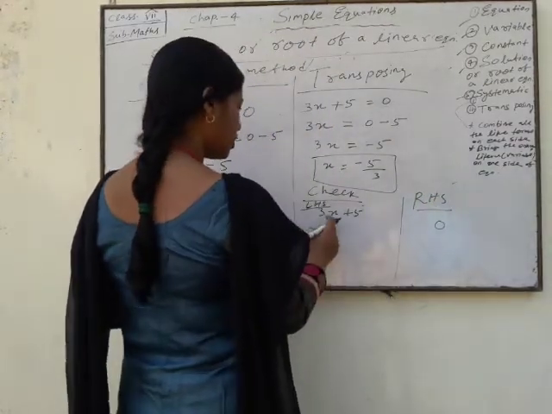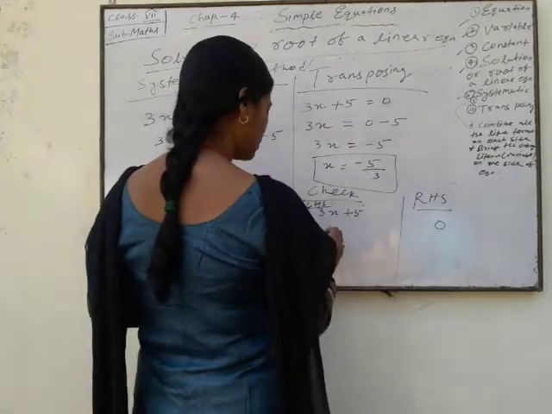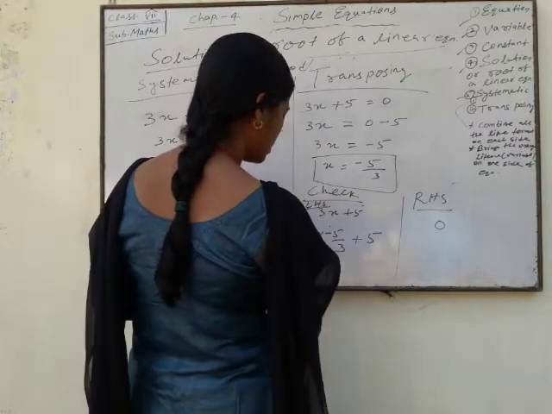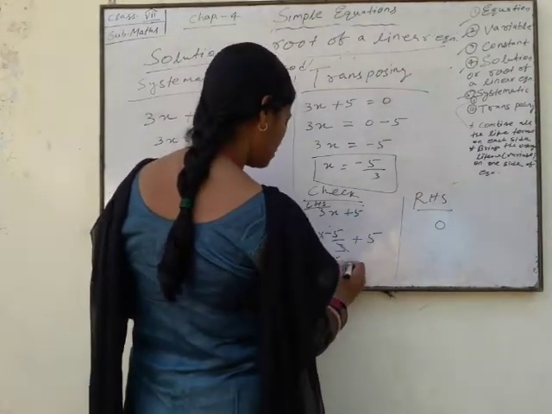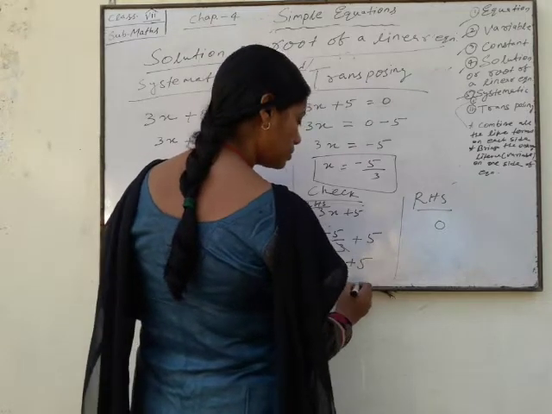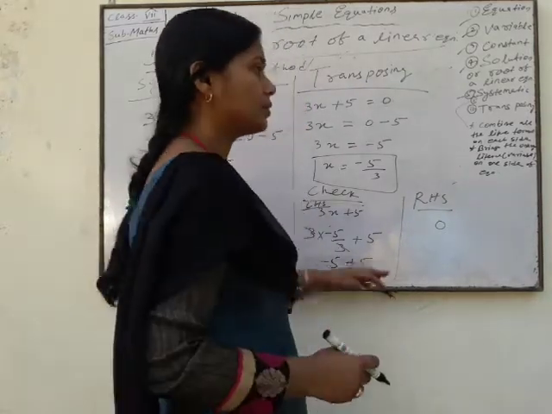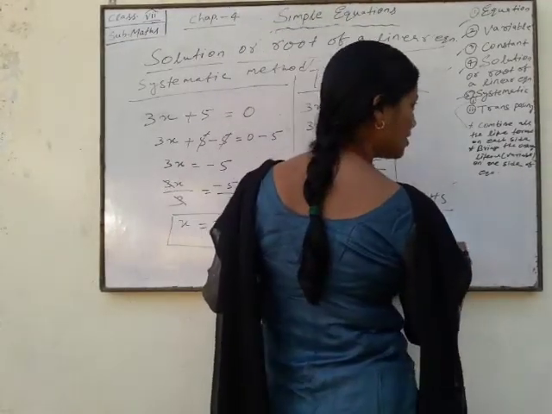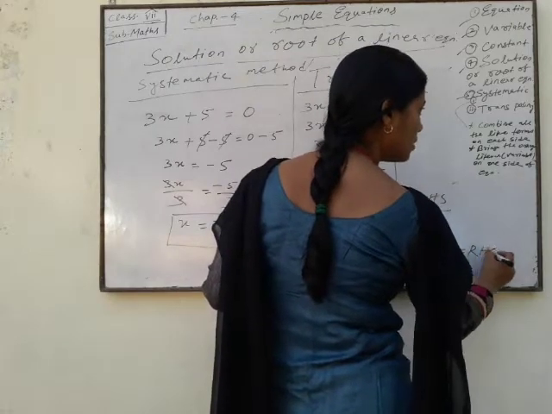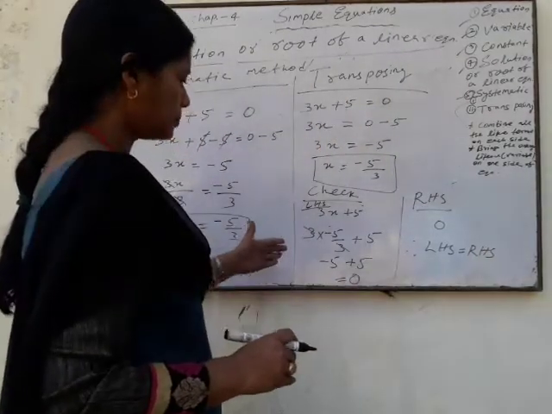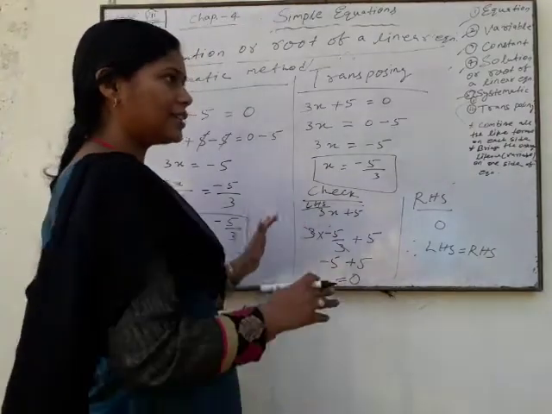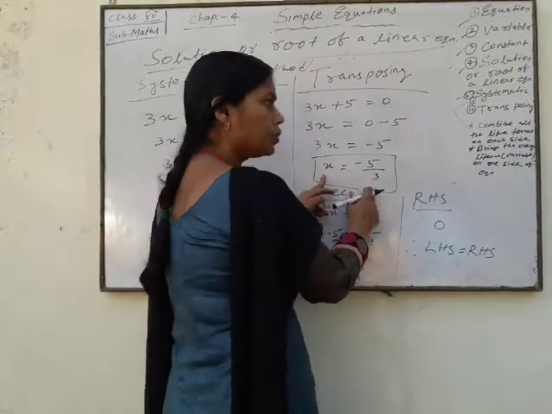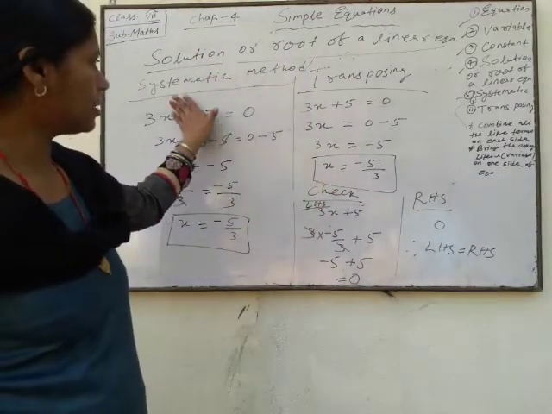Now put the value of x, 3 into minus 5 by 3, and this is plus 5. Minus 5 plus 5 is equal to 0. So your LHS is equal to RHS. Both are equal. So this is the correct root of the given equation.